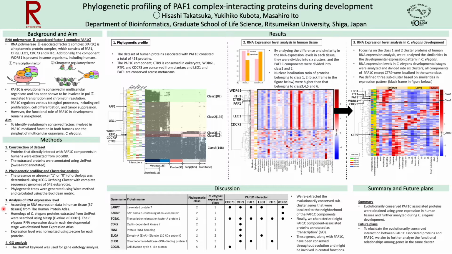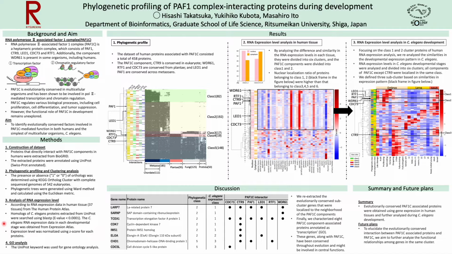Third, human gene expression levels in each of the 37 tissues were obtained from the Human Protein Atlas, and C. elegans gene expression levels in each of the developmental stages were obtained from Expression Atlas. We built a database with retrieved C. elegans genome sequences and data from UniProt, and searched homologous proteins.